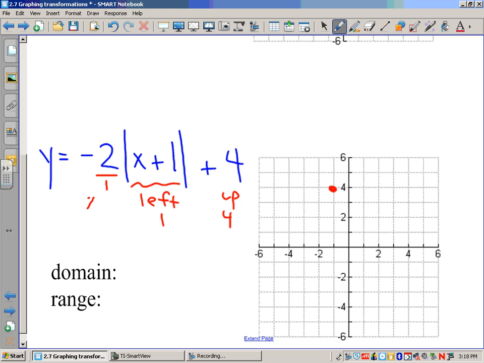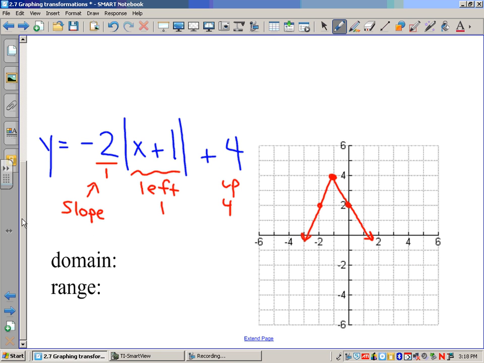This is my slope. It's negative, so instead of moving up 2 over 1, I'm going to move down 2, right 1, down 2, left 1. My absolute value is reflected, which it should be because of that negative.